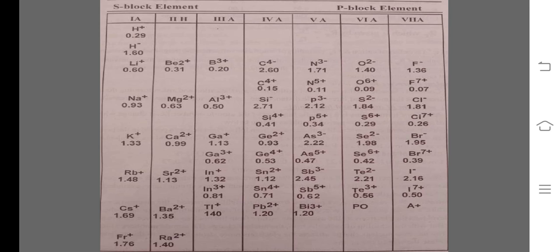If we go from left to right in a period, then the cation radii decrease. We know that the size decreases when we go from left to right in a period, so that's why the radius also decreases. And likewise, in all the periods, the radii decrease.